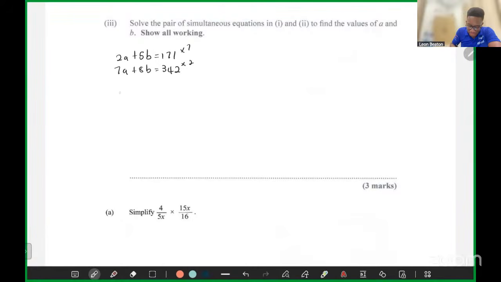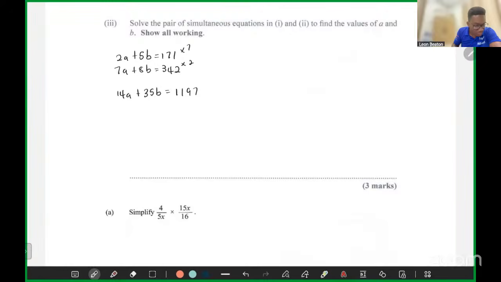So I'll have 2A times 7, which would be 14A, plus 5B times 7, 7 5s are 35, so this will be 35B, and is equal to 171 times 7, which would give us 1,197.